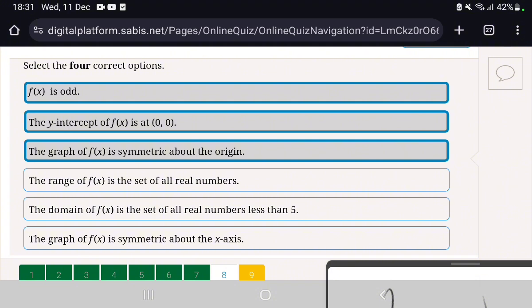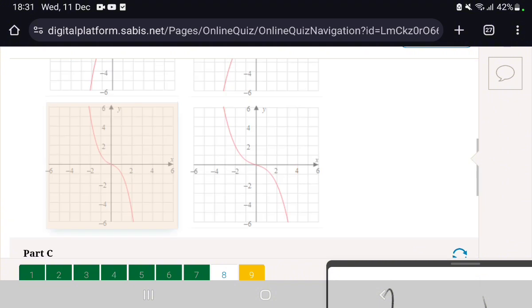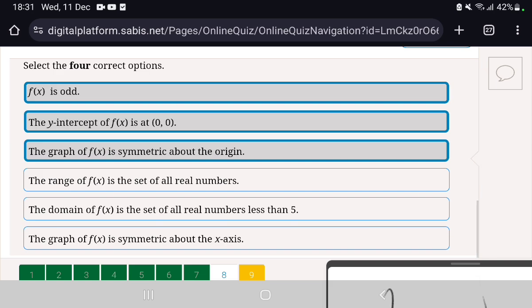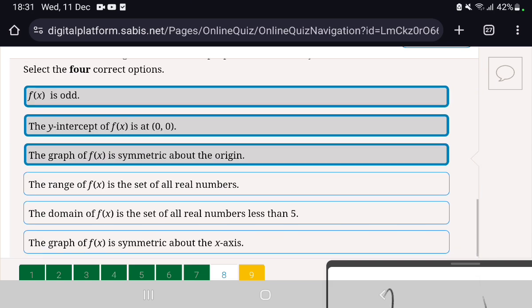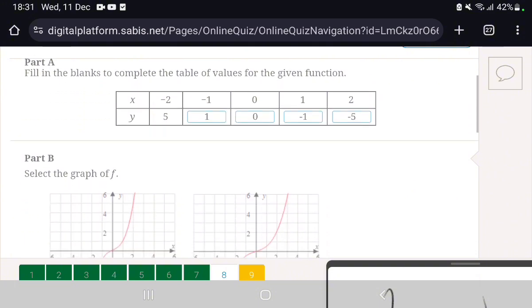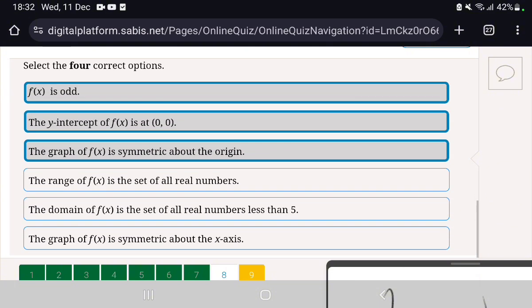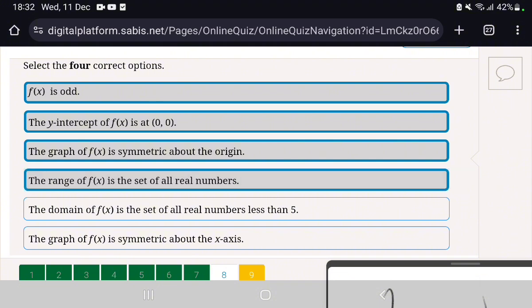Is the range the set of all real numbers? How do we find this out? The domain is not the set of all real numbers less than 5, and the graph of f of x is not symmetric about the x-axis because nothing is.